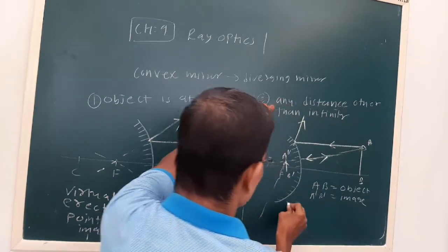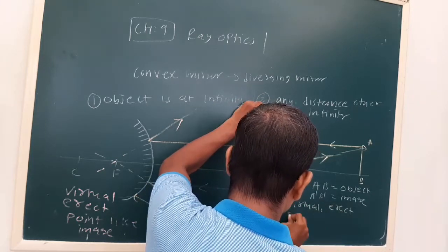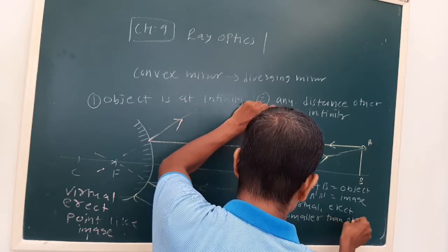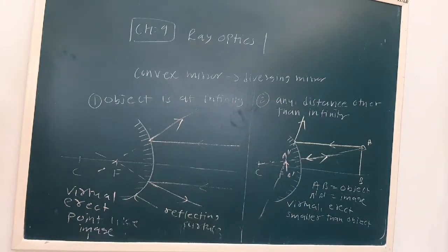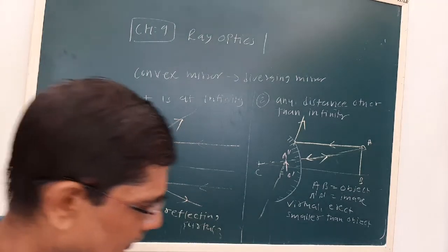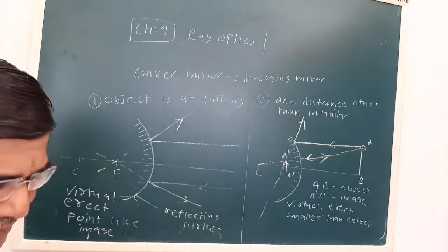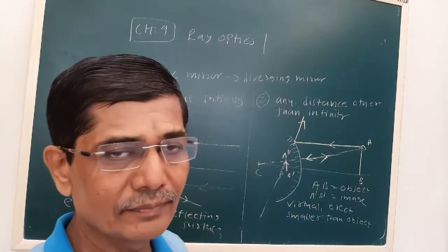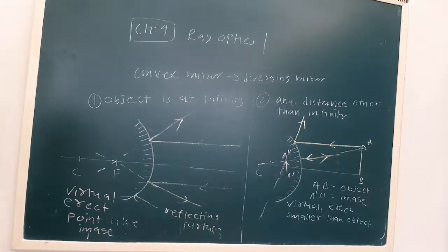See, the image is virtual, erect and smaller than the object. Okay, so for the convex mirror we have to consider only these two cases. Okay, any condition given will be out of these two possibilities, so we have to keep that in mind.